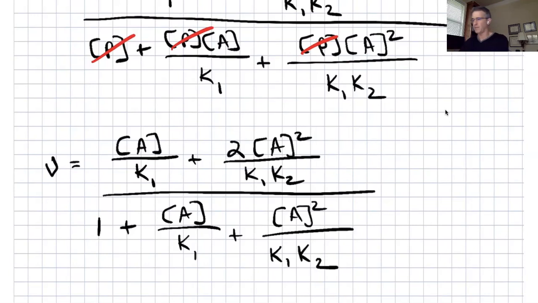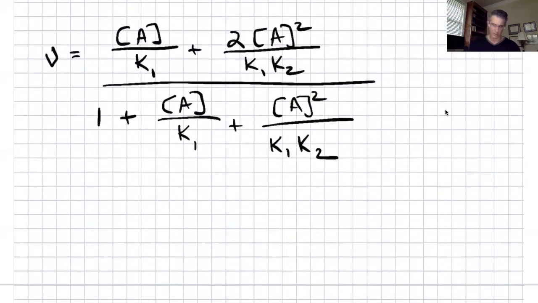Cool, neat, awesome, right? Get a common term there, do a little multiplying through, a little simplification, and we get an expression for the degree of binding in this case. That looks like this.